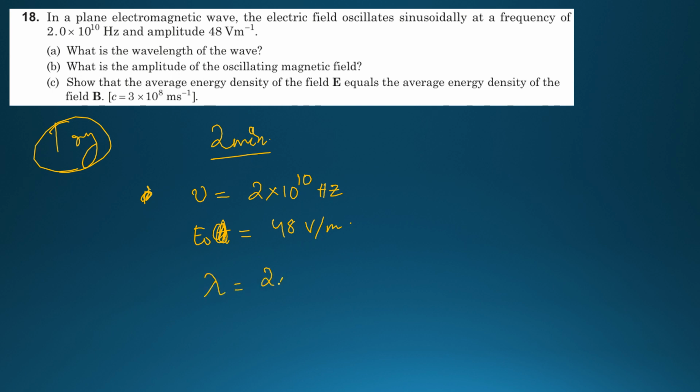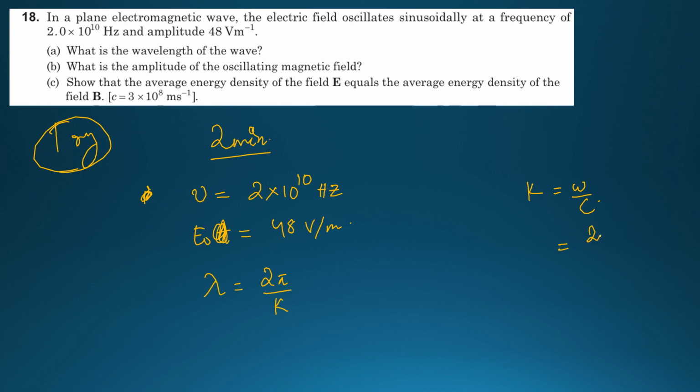What is the wavelength of the wave? Wavelength is 2 pi by k. K is omega by c, isn't it?